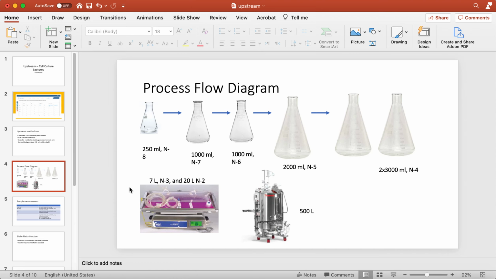There is a seeding VCD for N minus 1, and then the seeding VCD for N is slightly higher.